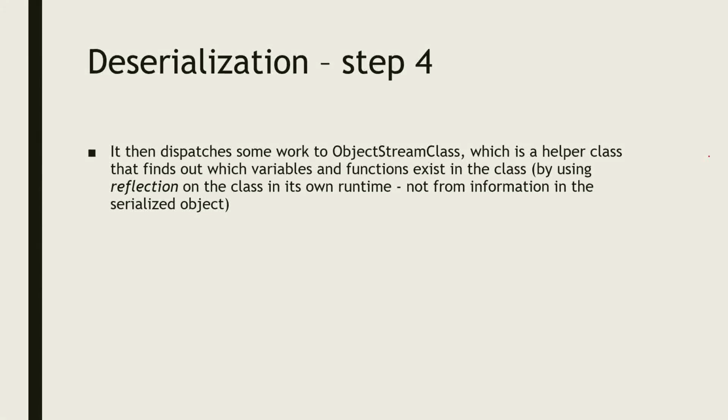So what this class is doing, it read in the beginning of the serialized stream that we're dealing with an object of class C, and then it uses reflection to look in its own runtime to see what this object C is. So which variables exist in this class and which functions exist over there.